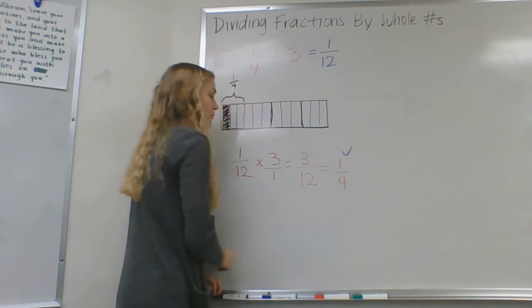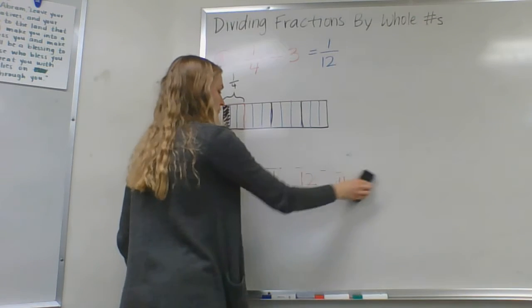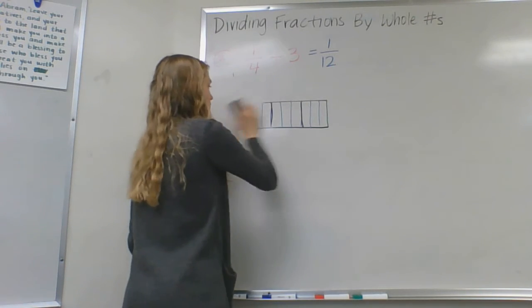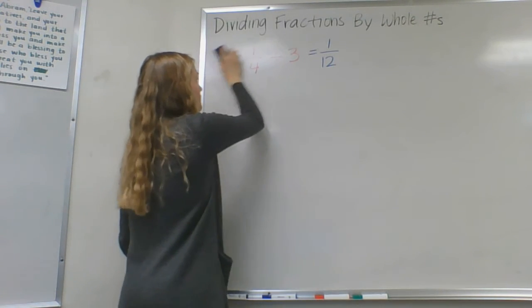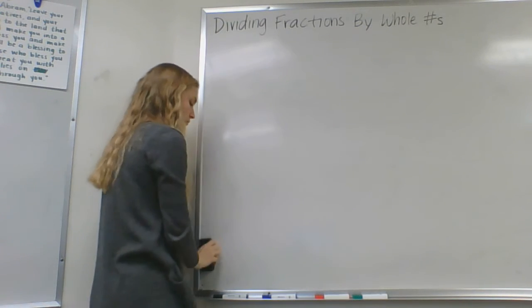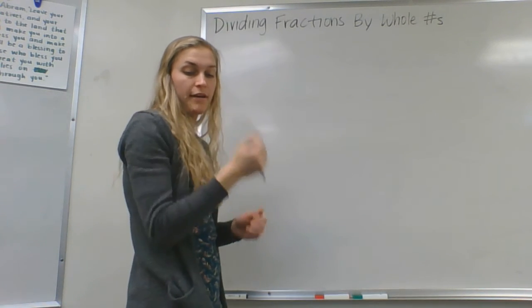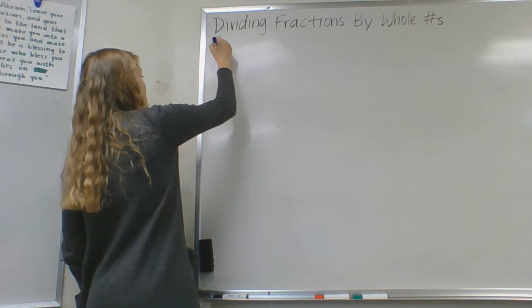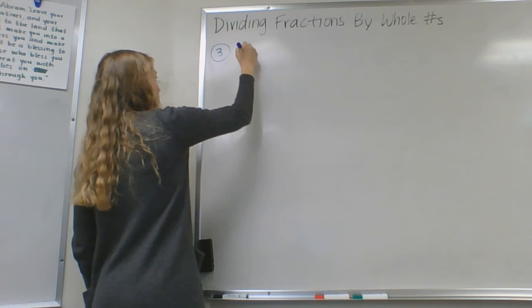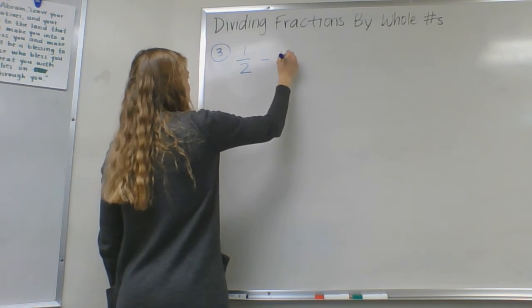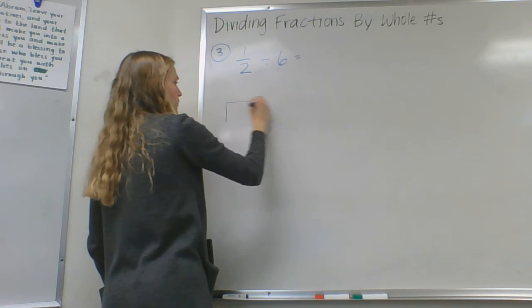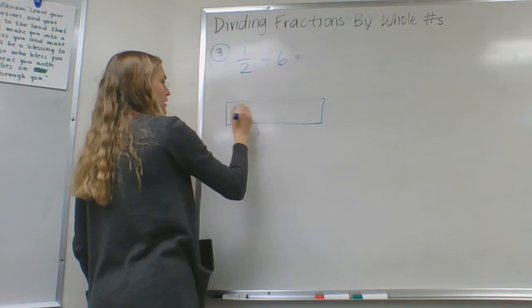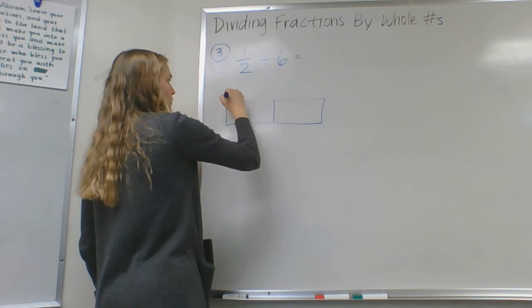All right, let's do one more example. We're going to do 1/2 divided by 6. So we'll start by drawing the whole thing, and then we'll show what half would be.